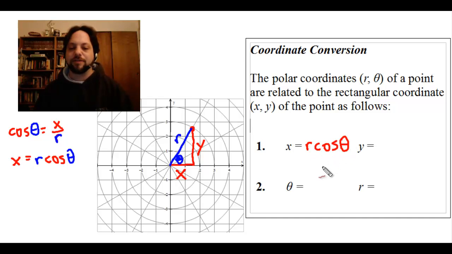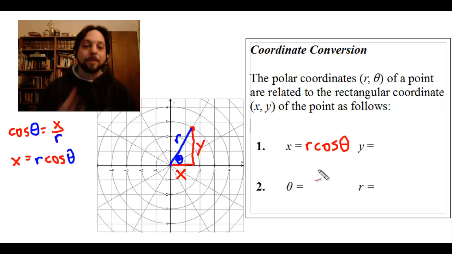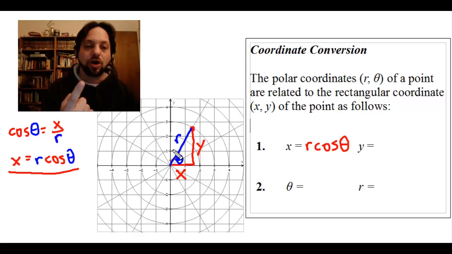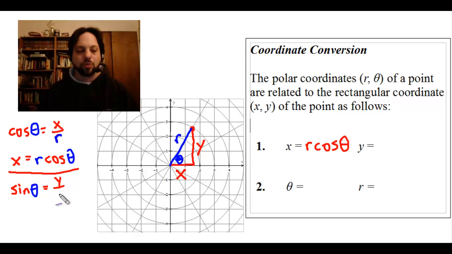That's going to be very, very important, not just when translating points back and forth, but actual equations as well. So that worked out quite nicely. Take a look at this triangle and see if you can find a relationship between r, theta, and y. Hopefully you see for yourself that there's a very similar relationship, except that this time it involves sine rather than cosine. So sine of theta is going to be y over r.